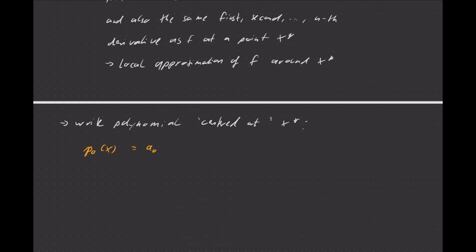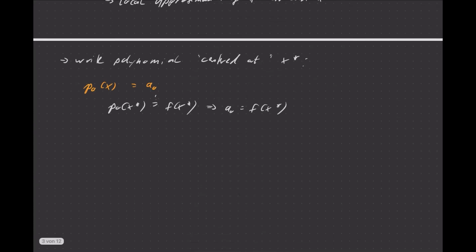And we would like to have p0 at x star equal to f at x star. So that means we'll have to choose a0 as f at x star. So what we get here effectively is p0 of x is f at x star.